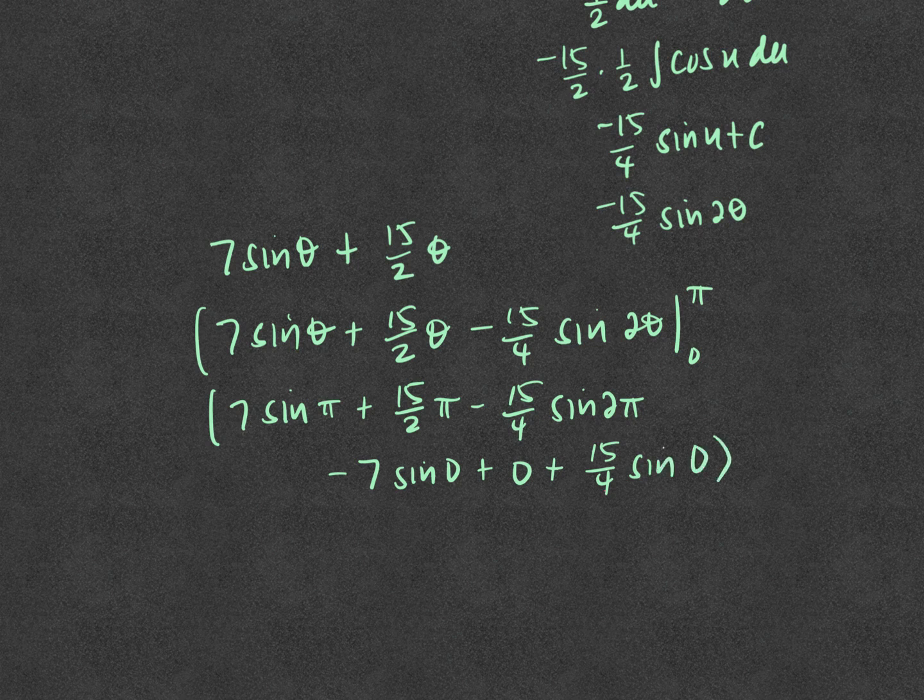Now sine of 0 is 0, so that makes 0. And sine of 2 pi is 0, and sine of pi is 0. So we end up with 15 pi over 2 to be the volume for this problem. I think it just said evaluate the double integral. So that is what you get when you evaluate the double integral.